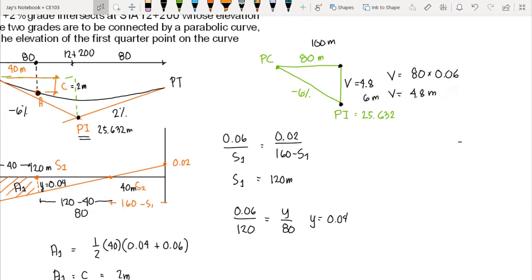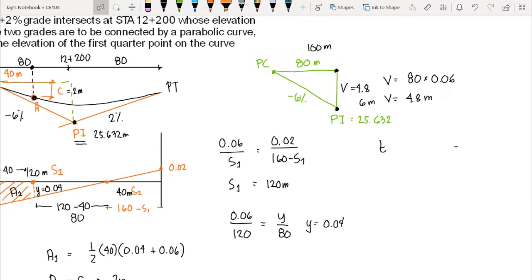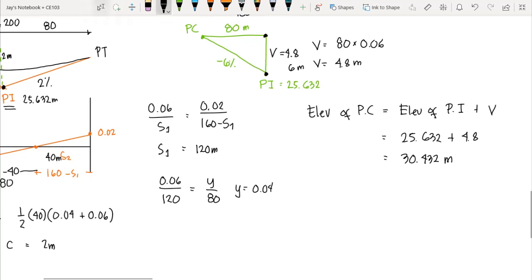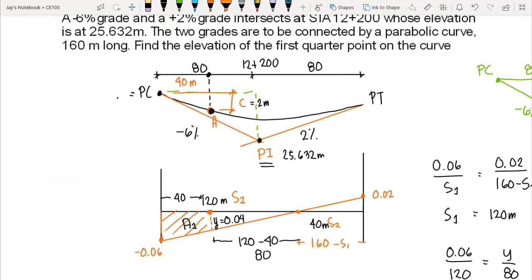Now we have computed the value of V, so we can compute the elevation of PC by adding the elevation of PI and V. So we have the elevation of PI, which is 25.632, plus 4.8. This would give us 30.432 meters. So we have the PC elevation, which is 30.432.